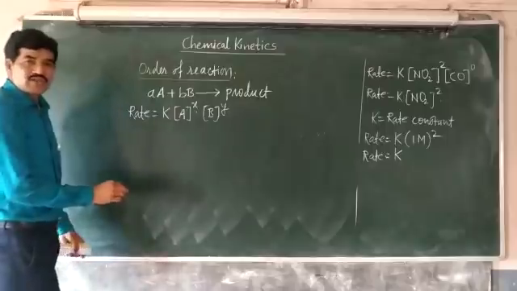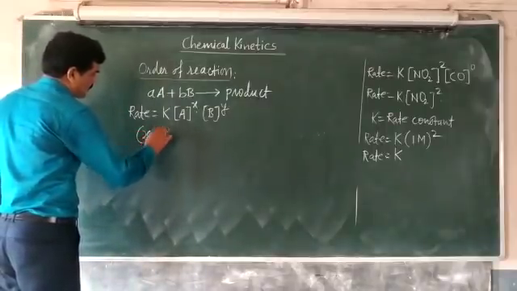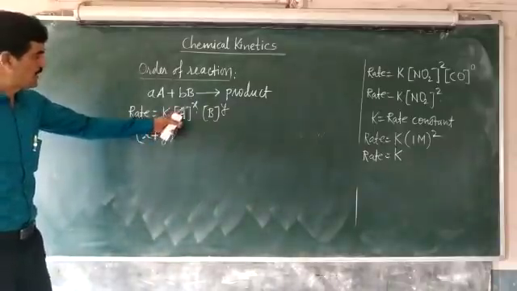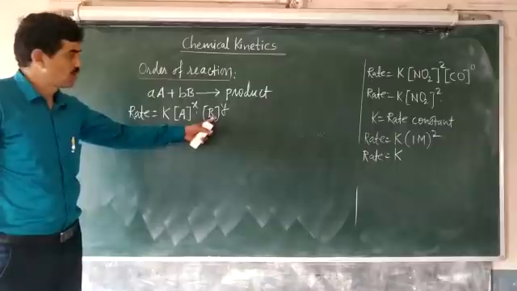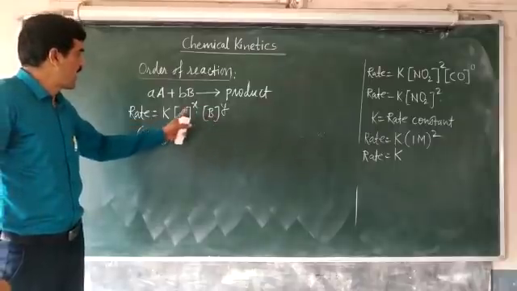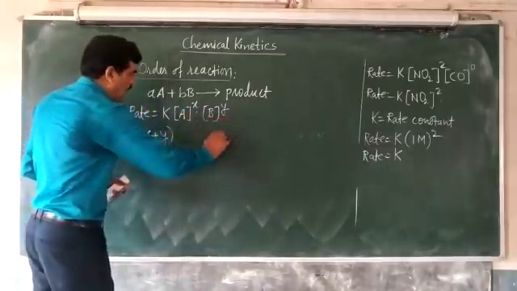Now order of reaction is the sum of exponents which are raised to the concentration terms of the reactants in the experimental rate law. This is the experimental rate law.